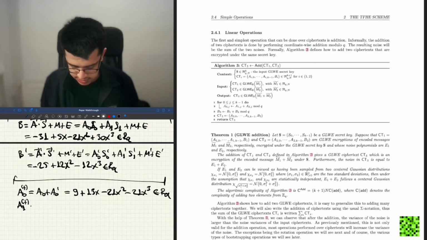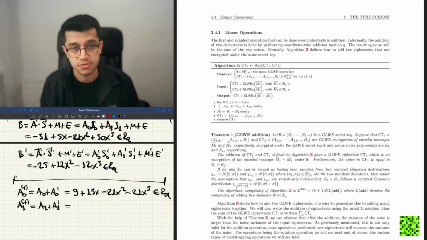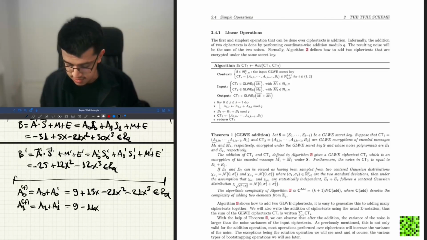a1 sum is equal to a1 plus a1 prime, and that is equal to 9, again, minus 16x plus 26x squared plus 17x cubed from RQ.